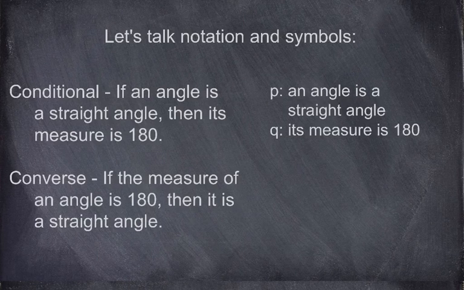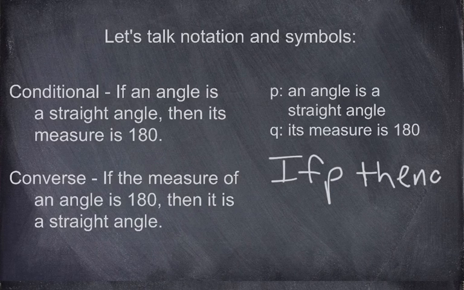So what you will probably at times see is, if P, then Q. So we can write the conditional such that if P, then Q. Okay? If P, then Q. Now let me go ahead and change that to type text so you can understand that better.